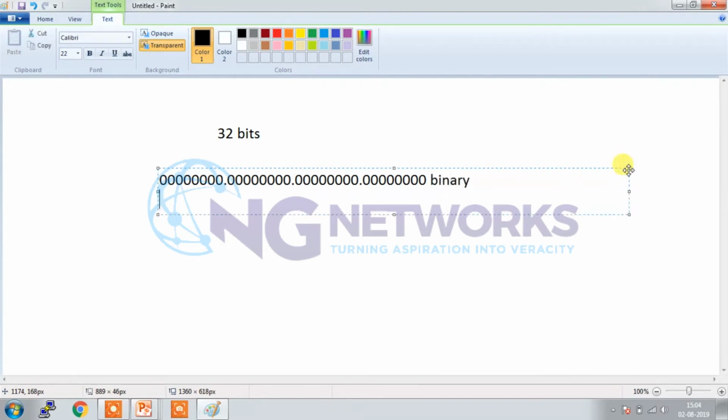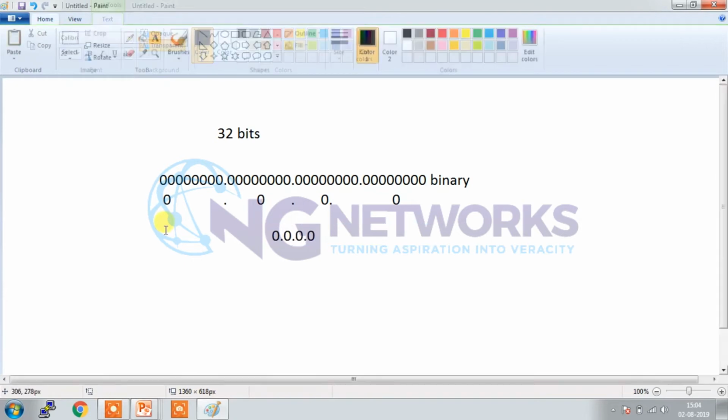Now convert it into decimal. The decimal comes out to be 0.0.0.0. So this is the minimum IP range.